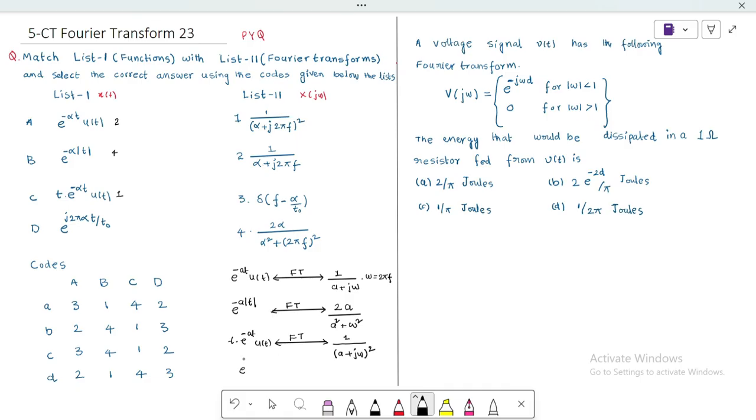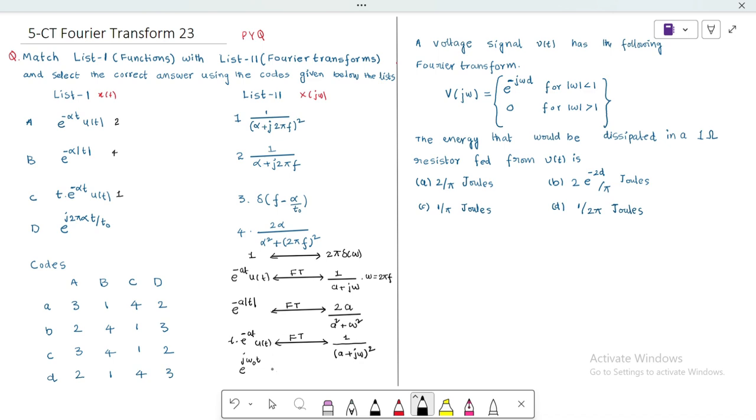Now this is like e power j into omega naught into t. This is frequency shifting. We know that for 1, the Fourier transform equal to 2 pi into del of omega.